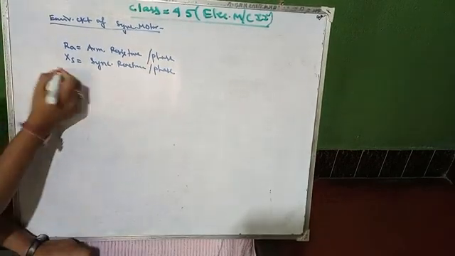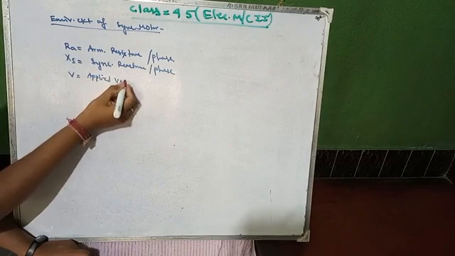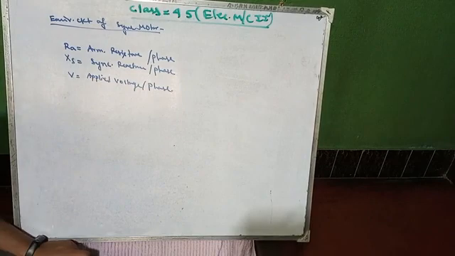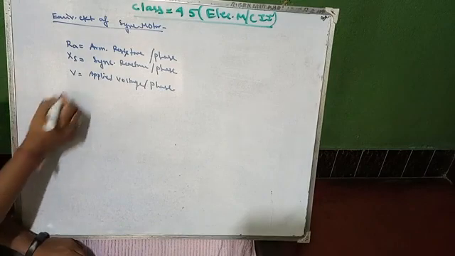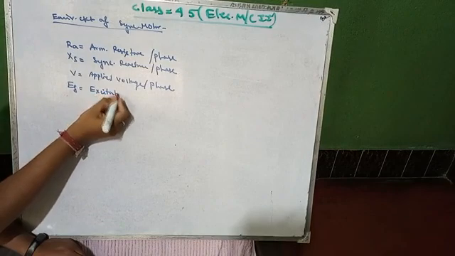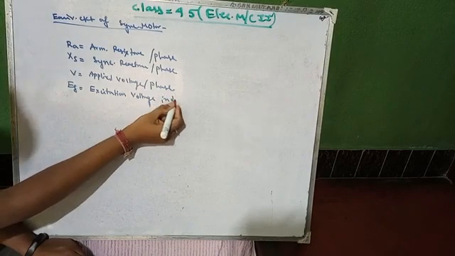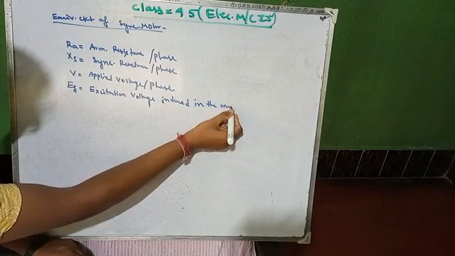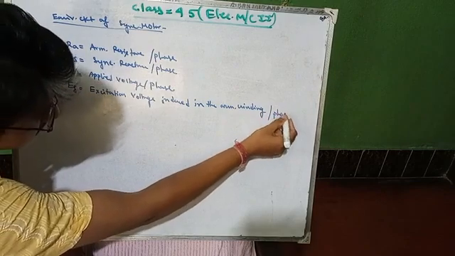And V equals applied voltage per phase, and EF equals excitation voltage induced in the armature winding per phase.